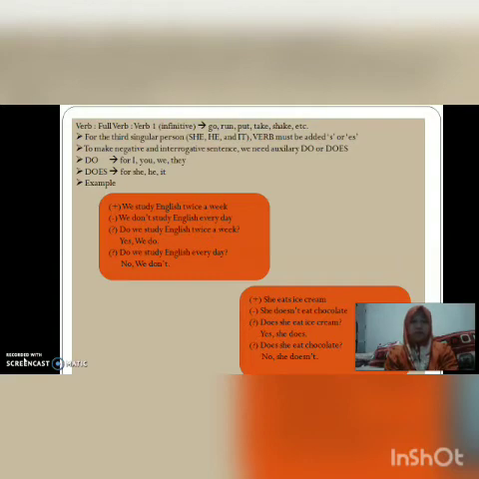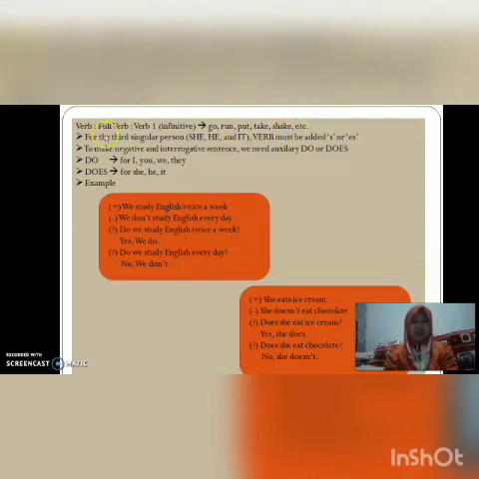The first one is linking verb, which uses to be, and full verb uses verb 1 or infinitive. The examples are go, run, put, take, shake, etc.